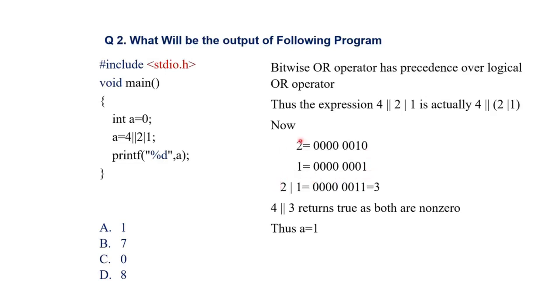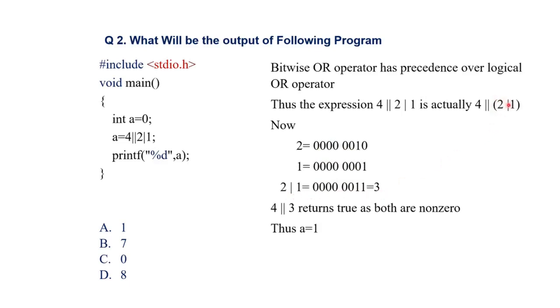While ORing these two values, the corresponding bits will be ORed. That means 0 OR 1 will be 1, 1 OR 0 will be 1, then 0 OR 0 will be 0, and so on. All the other bits will be 0. Hence the result of 2 OR 1 will be 3.